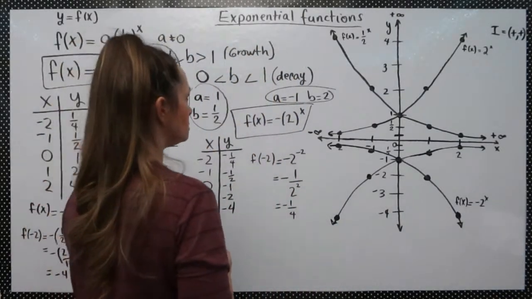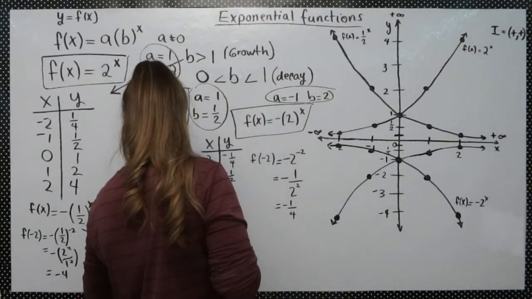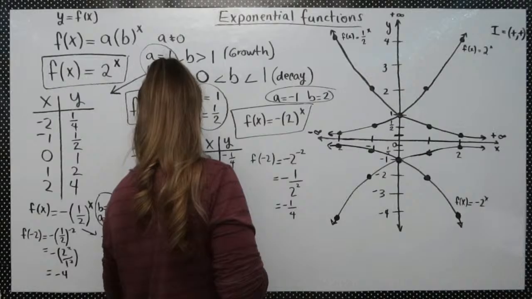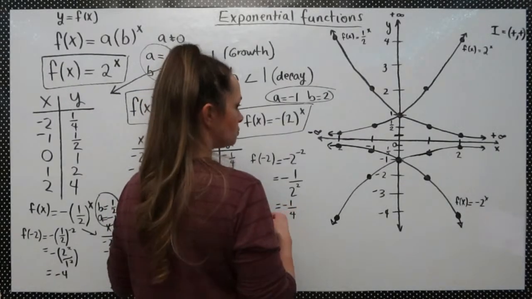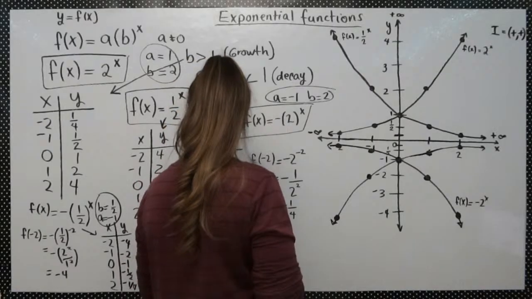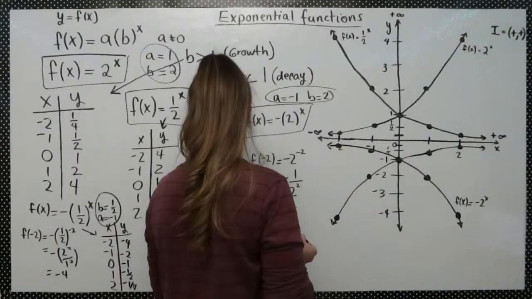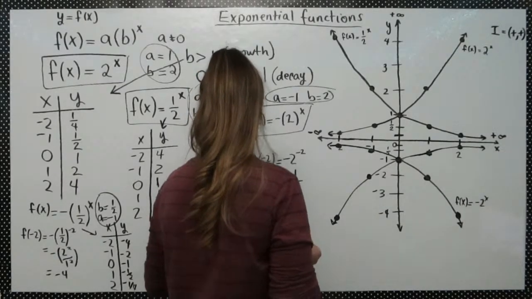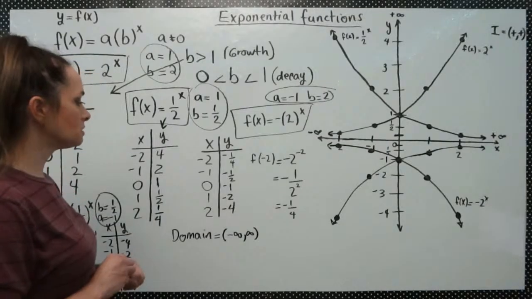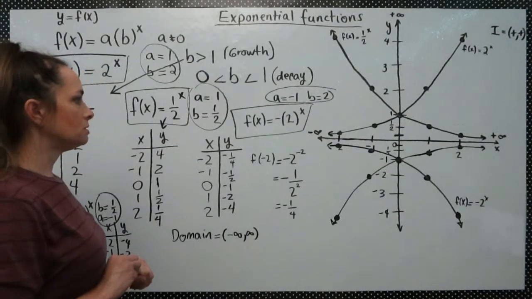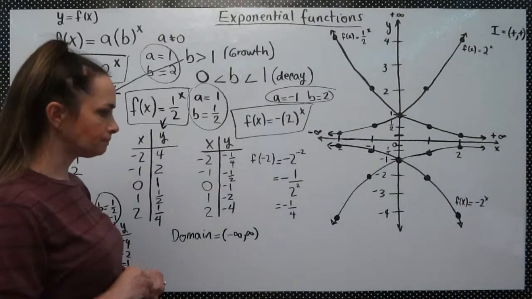For all of the exponential functions, you have a domain where there's no restriction. There's no asymptote. There's nowhere the graph is not going to exist. You can plug in all real numbers into the domain of the exponential function, and you will get a real number in return.